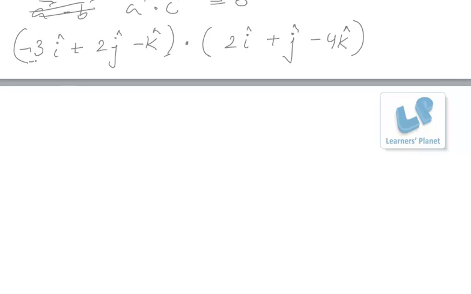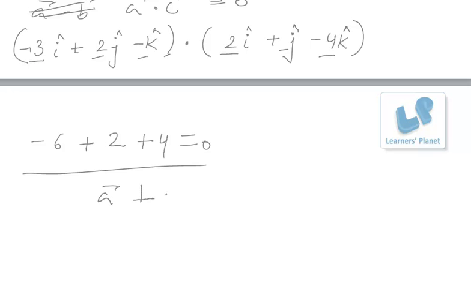Now if you do the dot product, minus 3 into 2 is minus 6, plus 2 into 1 is plus 2, minus 1 into minus 4 is plus 4. This is 0. Now it implies that vector A is perpendicular to vector C.